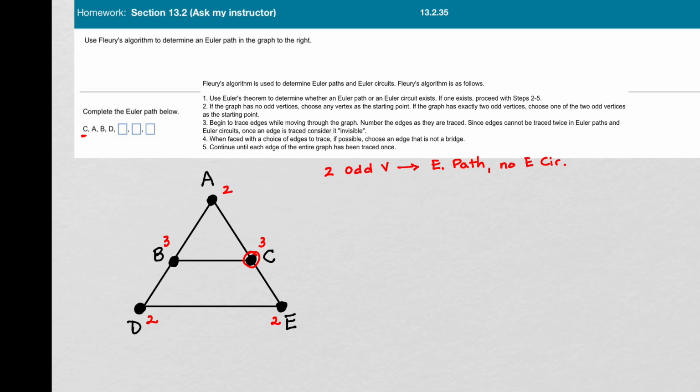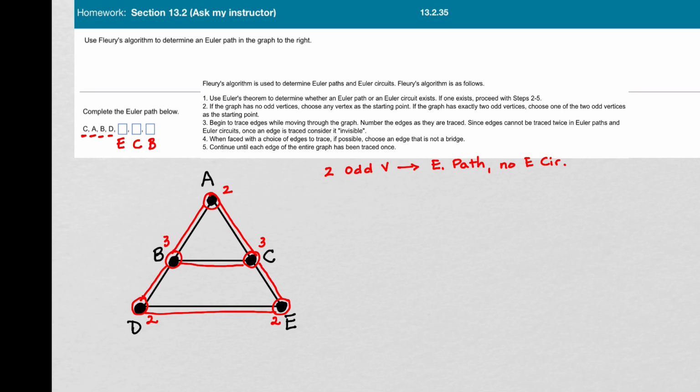And we're going to go to A, and then to B, and then to D. So at this point, the only choice I have is to go to vertex E. So that's going to be my next vertex in my list. Then my only choice is to go back to C. That's my next vertex. And finally to B.